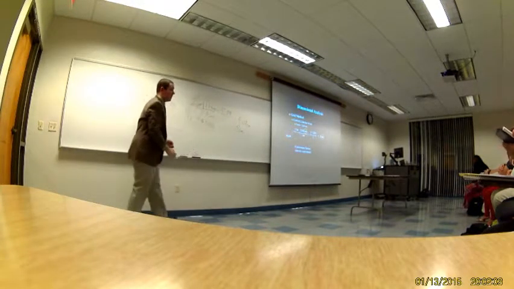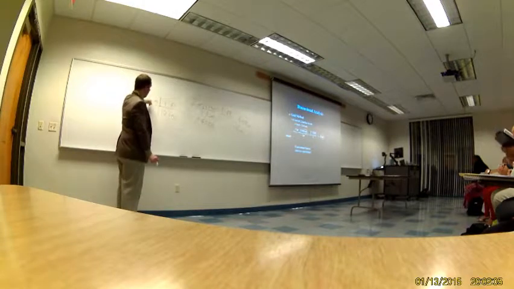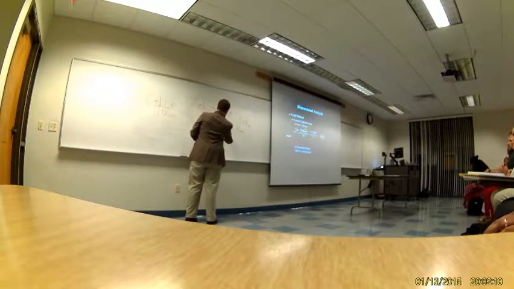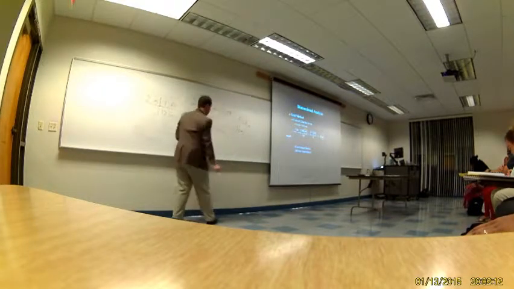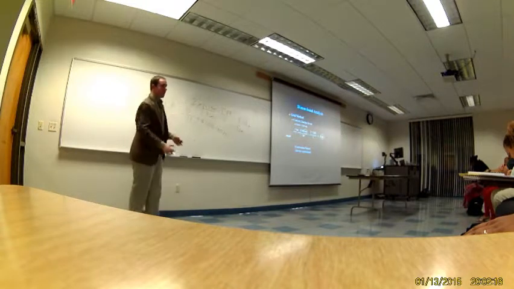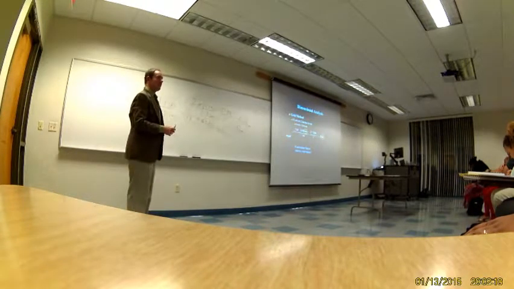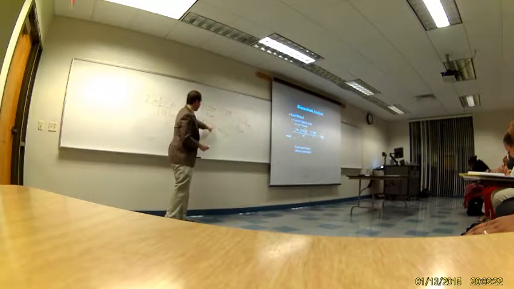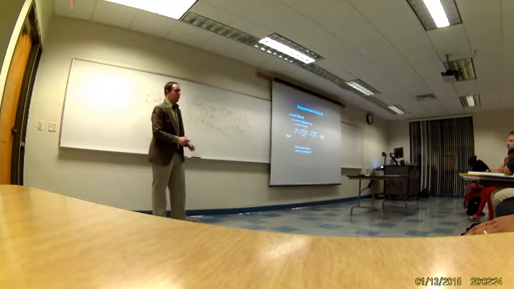How many sig figs do I need? 1. So that becomes 0.2 feet. You round the 16; you need 1 sig fig, so the 6 rounds up. 0.2.